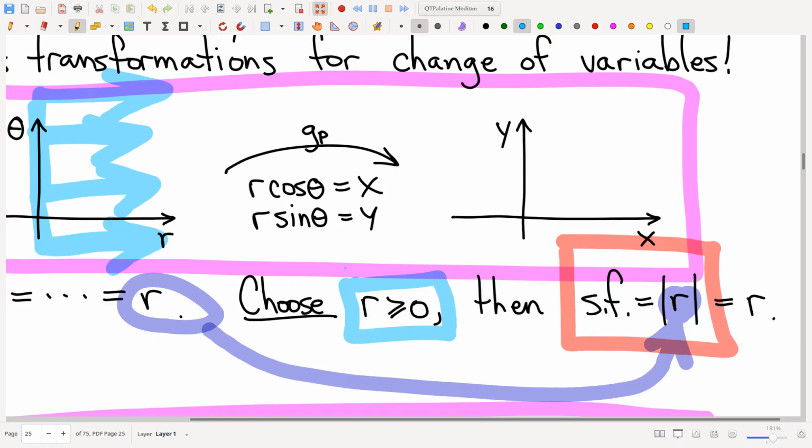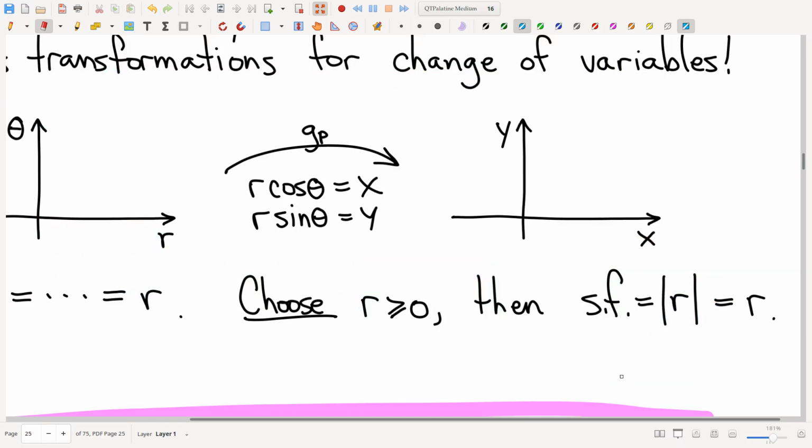So this is a trade-off. I choose to tie my own hands in this way, and the benefit is that I get to avoid the absolute values. But now let's be honest about this for a moment. I don't even like negative values of r. What I'm doing here is I am promising not to do stuff I don't want to do anyway.